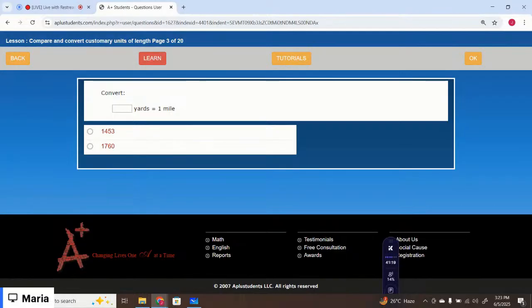Convert: 1 mile equals how many yards? 1 mile equals 1,760 yards. Option number two is the correct option.